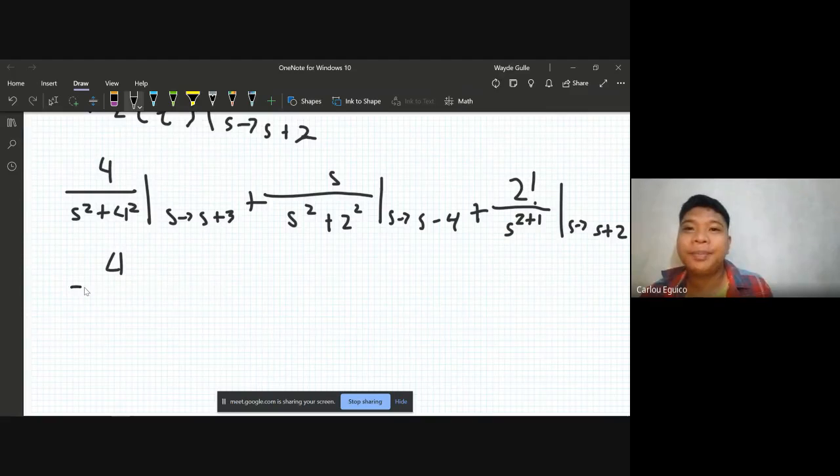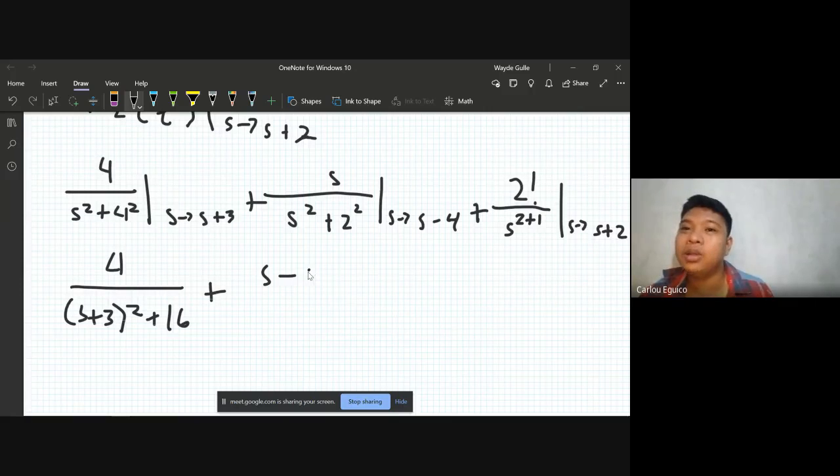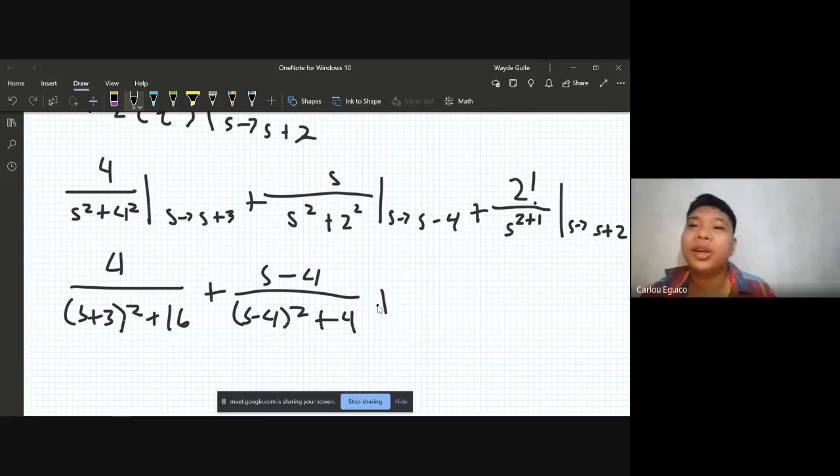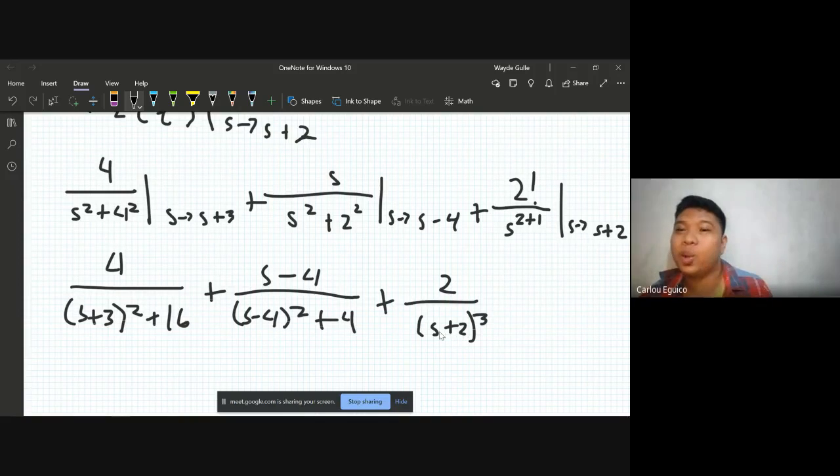So 4 over s plus 3 squared plus 16, plus s is s minus 4 over s minus 4 squared plus 4, plus 2 factorial is equivalent to 2 over s plus 2, with 2 plus 1 being 3, so s plus 2 cubed.